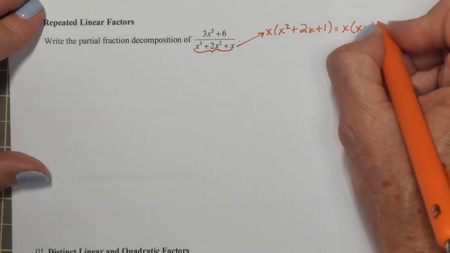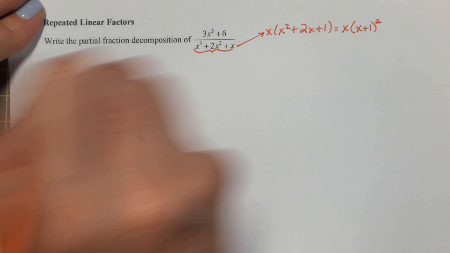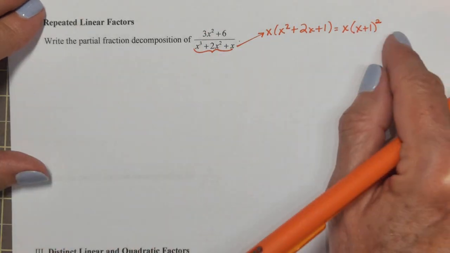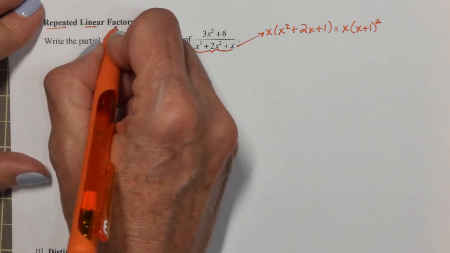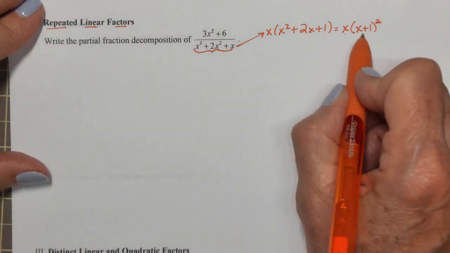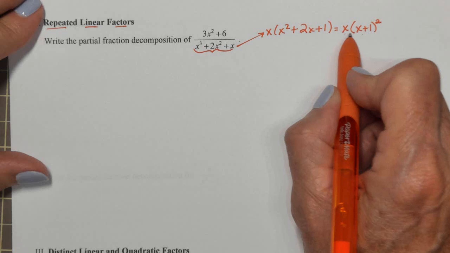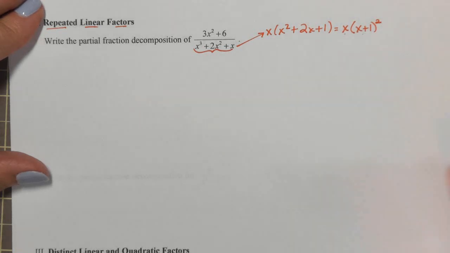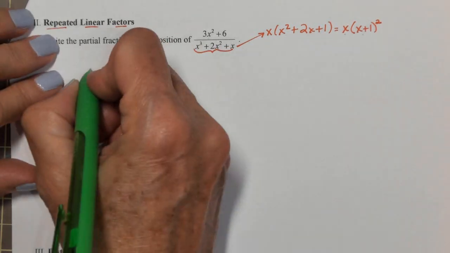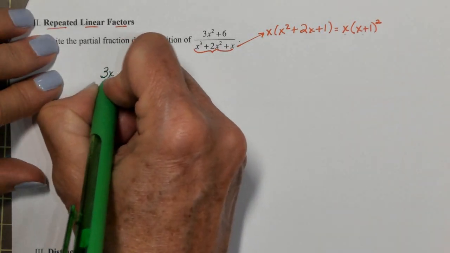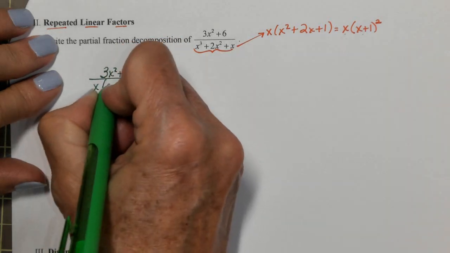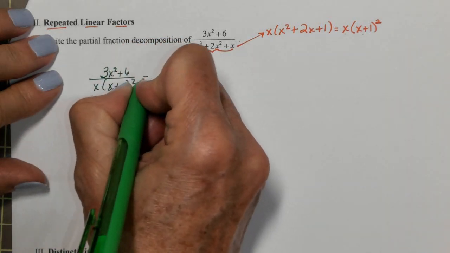It's being squared, right? x plus 1 squared. It's repeated. So repeated linear factors. Individually, they're both linear, but this one is being repeated. Okay? So when I write this out, I'm going to say 3x plus 6 divided by x times x plus 1 squared is equal to.